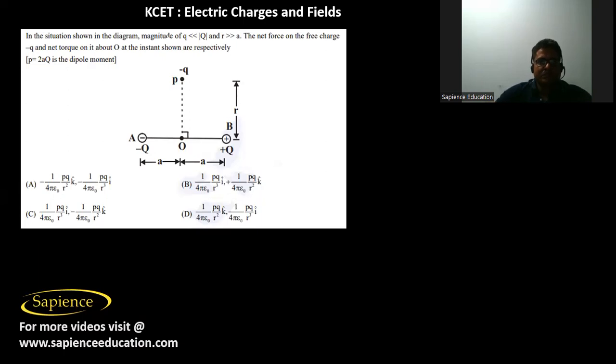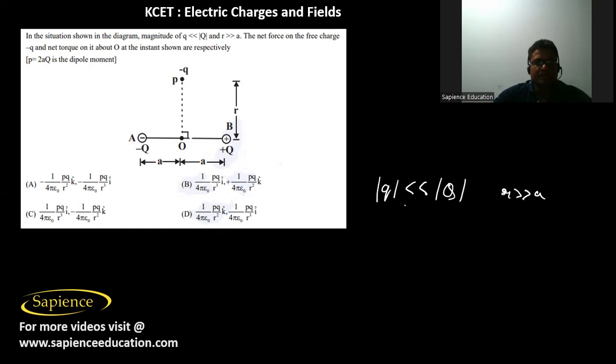Then here it is told that in the situation shown in the diagram, the magnitude of q is much less than the magnitude of capital Q, and R is much greater than a.